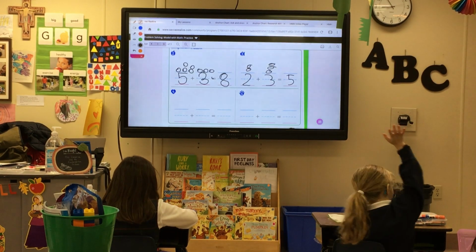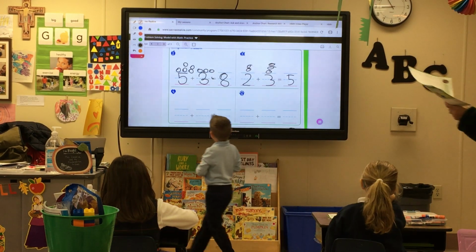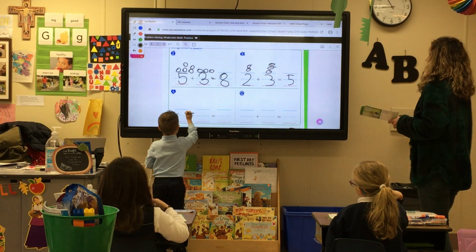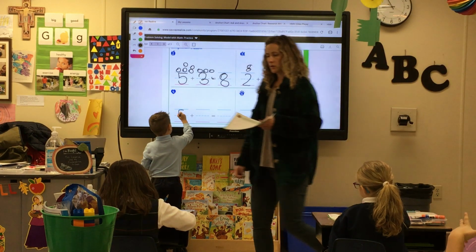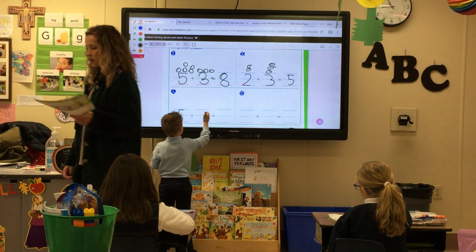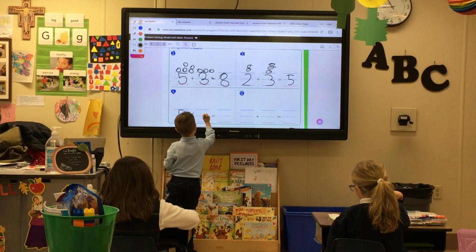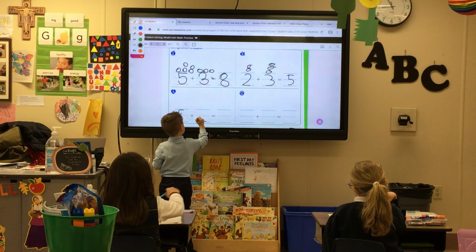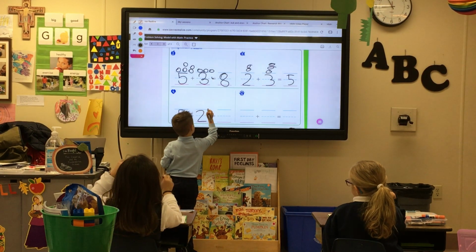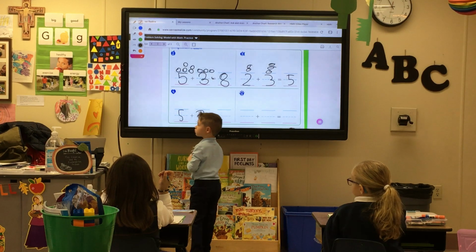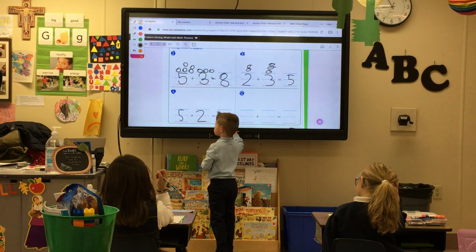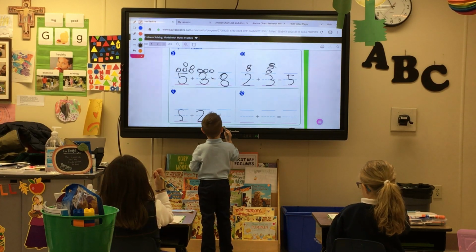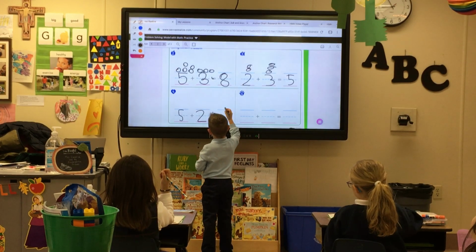All right, Brandon's going up. All right, so 5 times in 1 inning, 2 times in the next inning. How many times did she throw that baseball? Okay, draw your picture to match, remember.